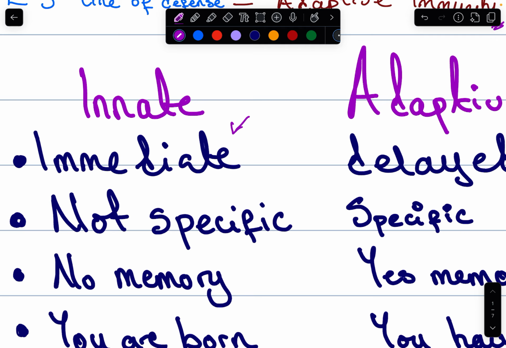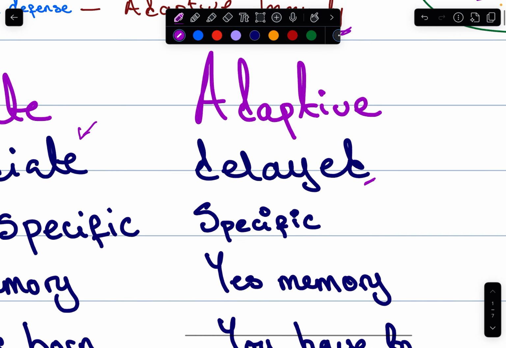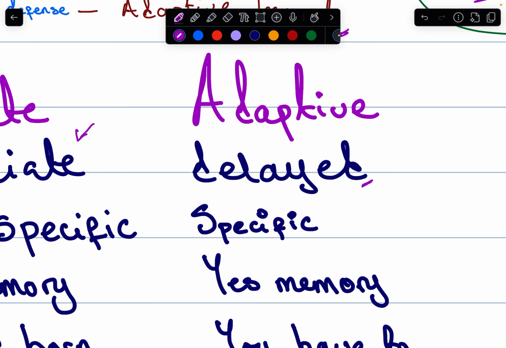And then innate immunity has no memory. Okay, so say you have a bacteria in your body and your innate immunity kills it off. If you get that same bacteria again, your innate immunity is not going to remember what it did right the first time. So it's going to start the whole process from the beginning. Your adaptive immunity is going to remember. Okay, so they're going to say, okay, last time I stabbed it with a knife and that is what worked.